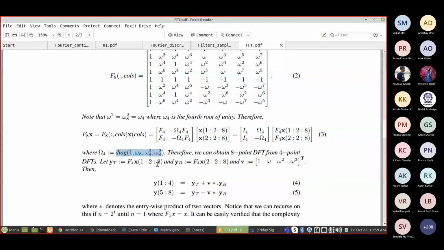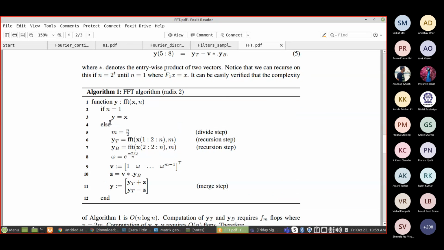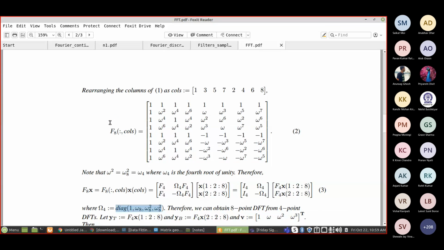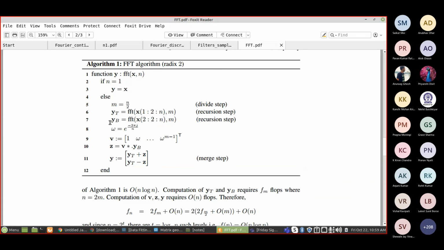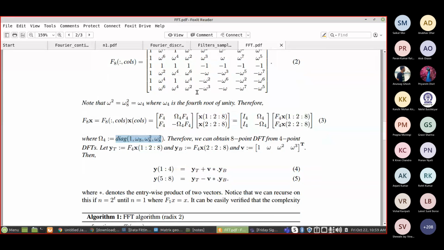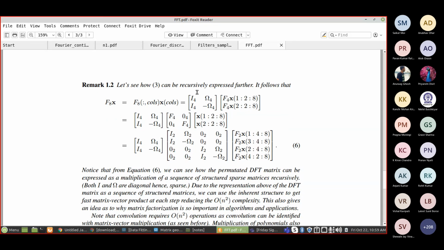I will explain this later if I have time, but you can go through this if you can. So we divide our problem into smaller and smaller pieces, solve each piece recursively, and then put all the pieces together. In terms of matrices, we exploit the structure in the matrix to factorize the matrix, and once the matrix is factorized, we can exploit this structure to have fast matrix vector multiplication.